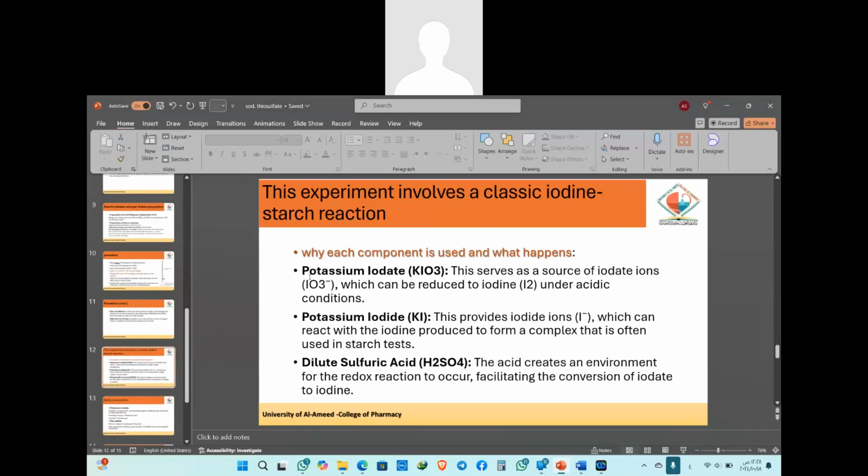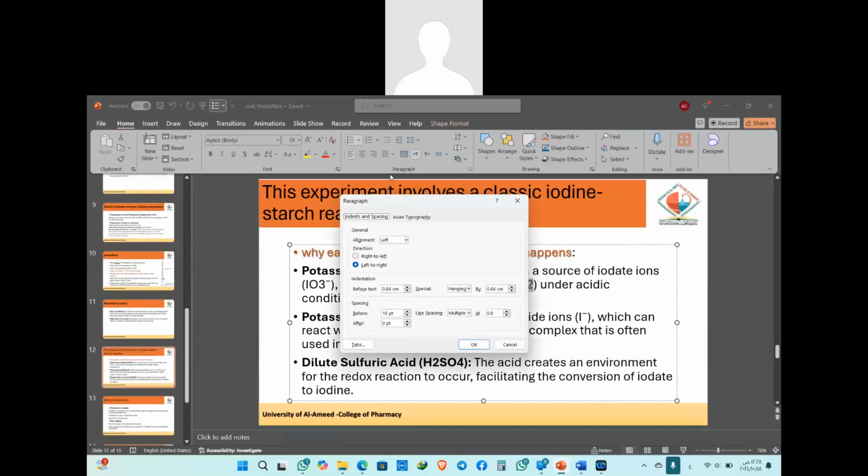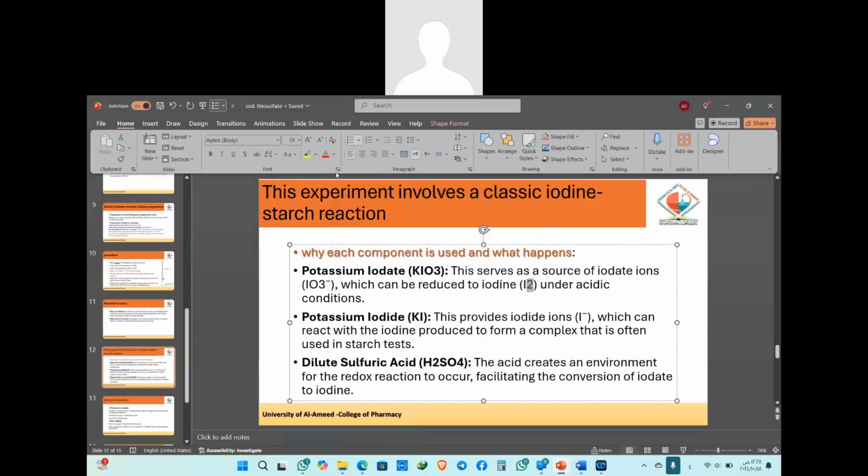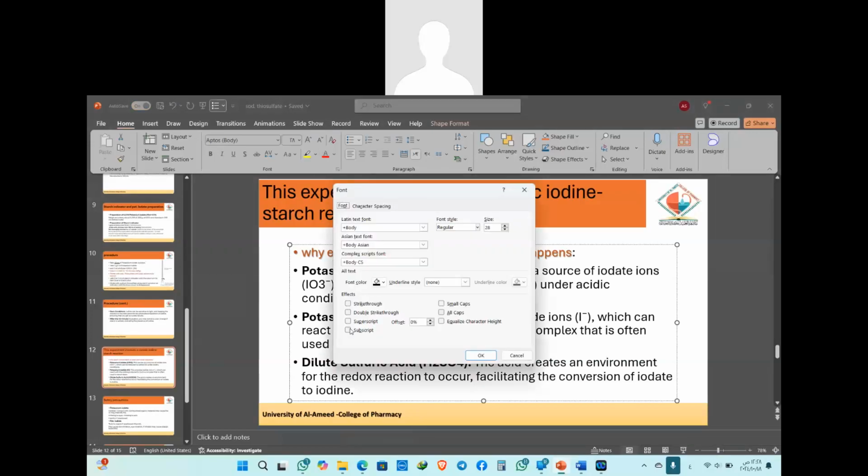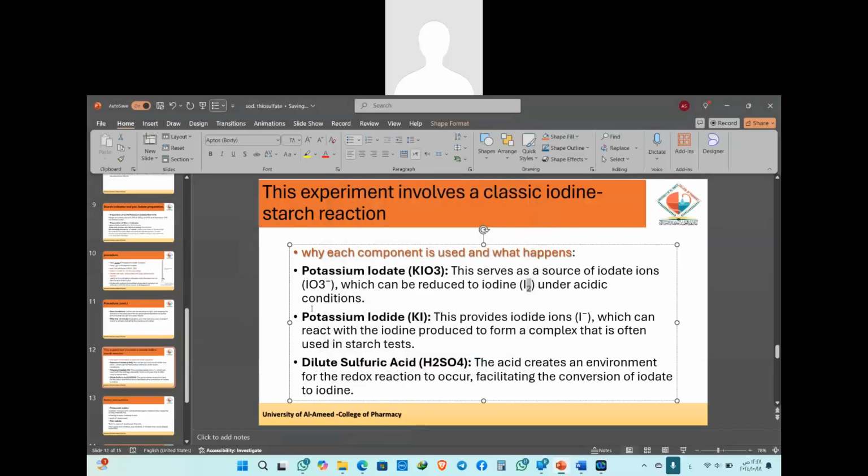وهنا فائدة كل إضافة. So potassium iodate serves as a source of iodate ion which can be reduced to iodine, so it serves as a source of iodine. كذلك عندنا potassium iodide.